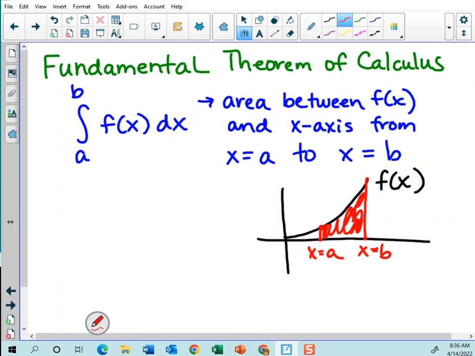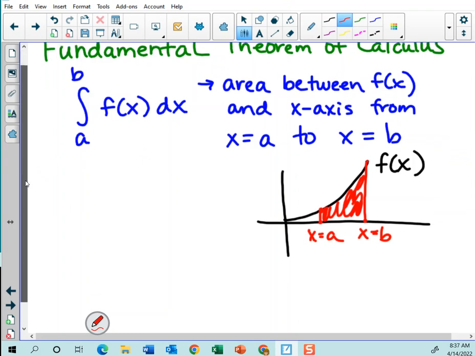Doing that area calculation does not require us to use geometry, because there is a connection between the geometry approach, which would be a Riemann sum with a lot of rectangles, and the calculus concept of the antiderivative.